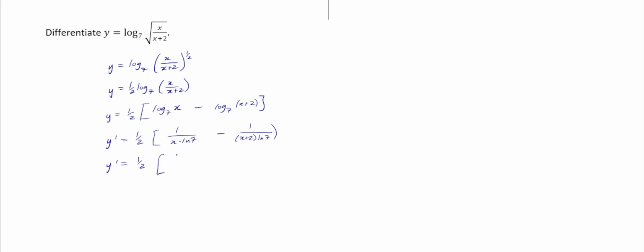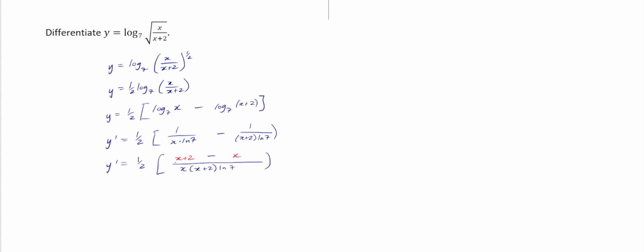Okay, and so I need to multiply this fraction by x plus 2 over x plus 2. So that means that this is going to become right here x plus 2. Right, and then in this one right here, the only thing that I'm missing in the denominator is an x, so I'll multiply that one by x. Right, and then I will have a common denominator of x plus 2 ln 7.